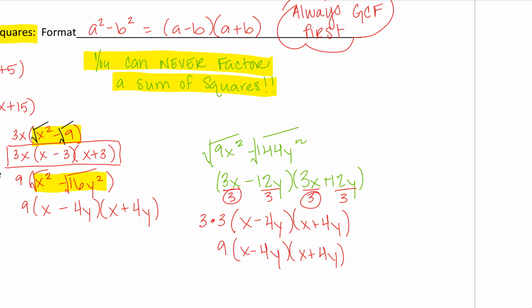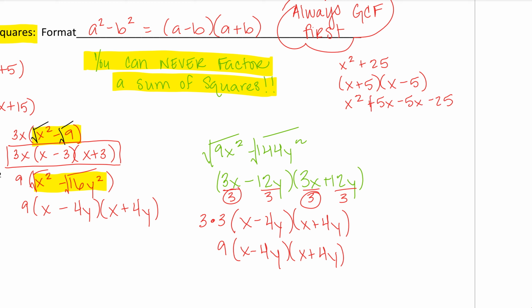I'm going to show you why really quickly. x squared plus 25. You might look at it and go, oh, it's a square. So I'm going to try to take the square root so that I get x plus 5 and x minus 5. Oh, well, that should work, right? Except if I do the math, I get x squared plus 5x, and then minus 5x minus 25.